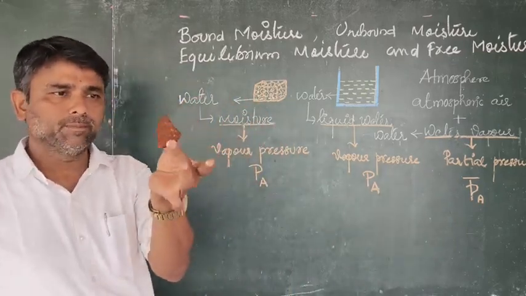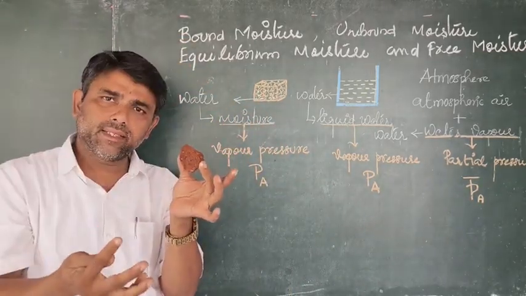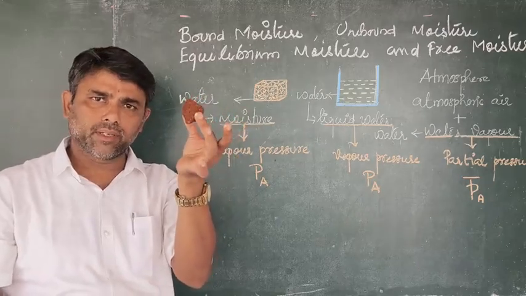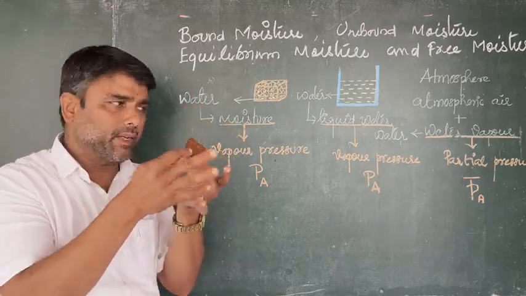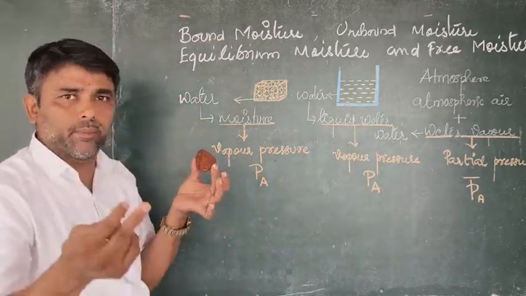Now listen. The moisture contained by the substance exerts an equilibrium vapor pressure. This equilibrium vapor pressure is less than the vapor pressure of pure liquid at the same temperature.